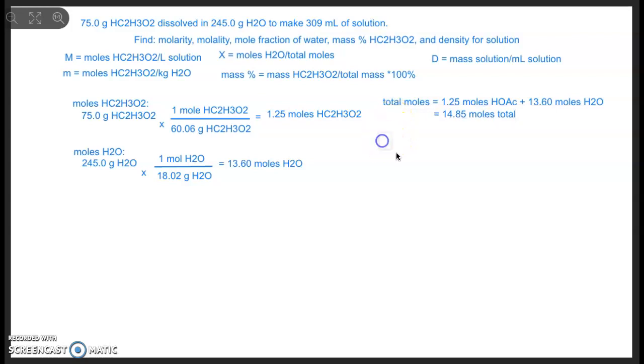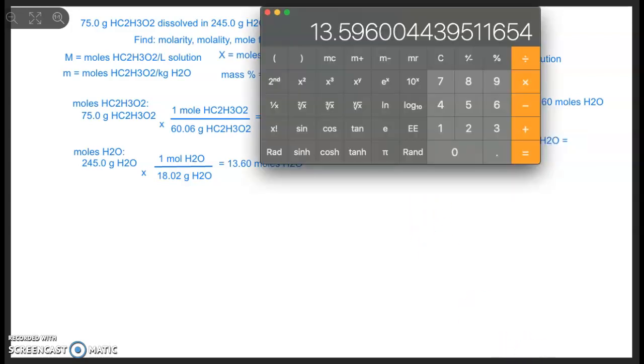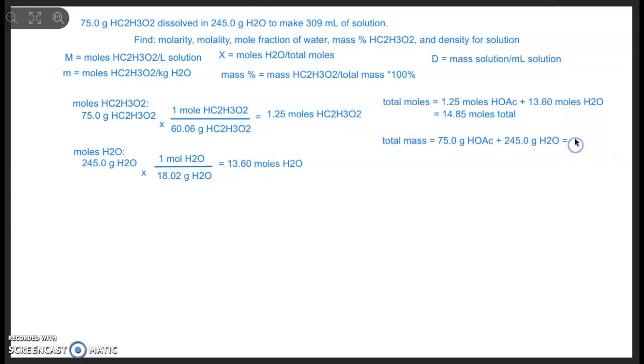Total mass would be 75 grams of acetic acid plus 245 grams of water. 75 plus 245 is 320.